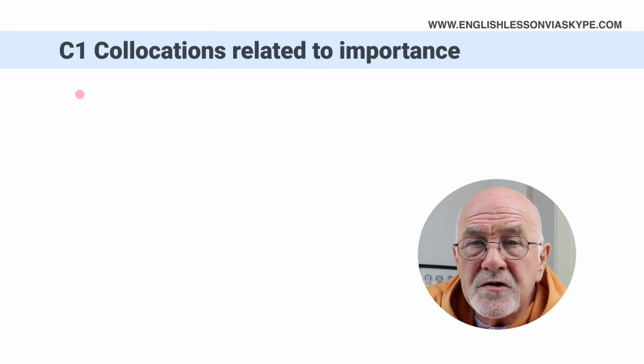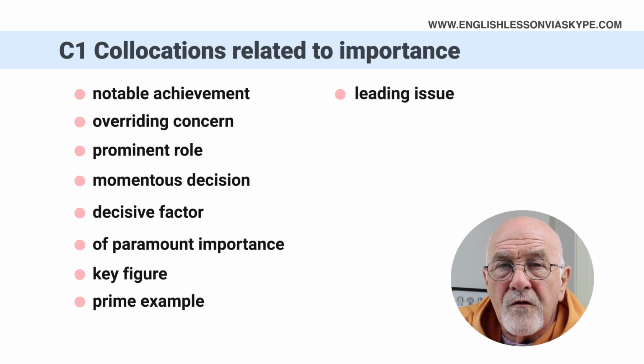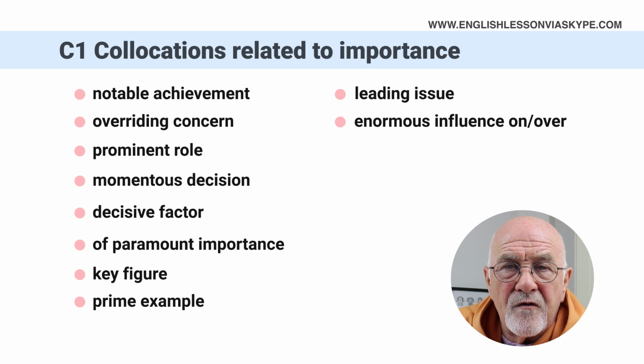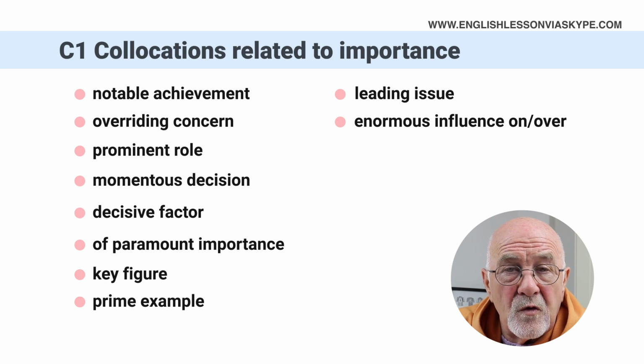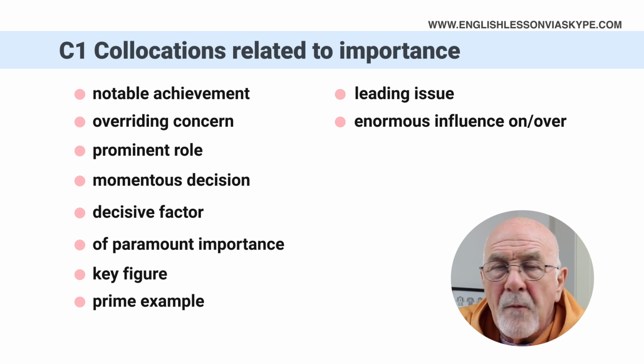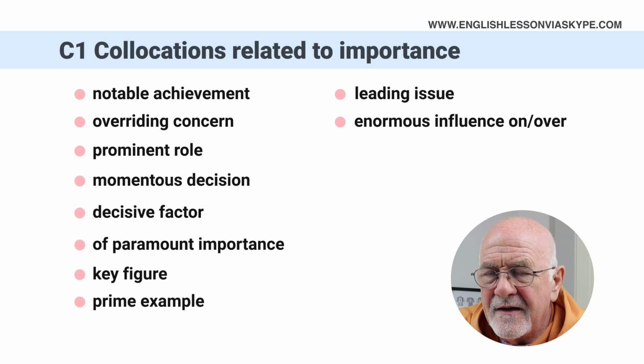So, notable achievement. Overriding concern. A prominent role in something like politics. Momentous decision, a really important decision. A decisive factor, a main reason. Of paramount importance, of the utmost importance.